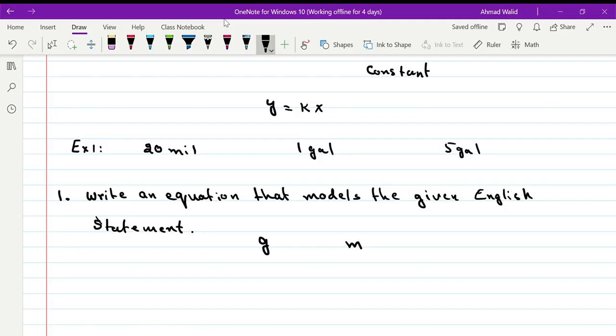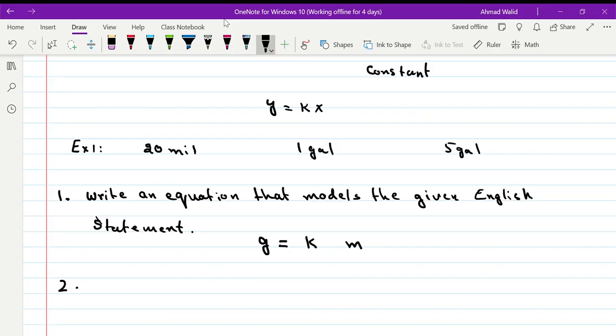And I easily understand from this statement that I'm dealing with a direct variation. Then I will write G equal Km. That will be my first equation that I make in step 1.